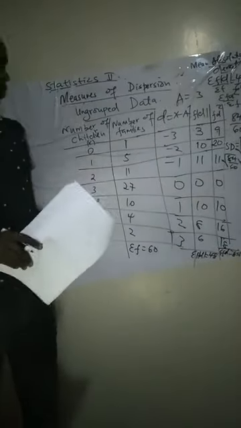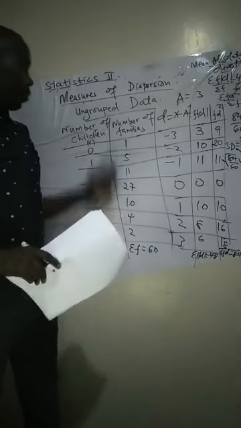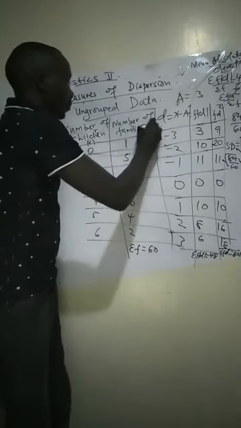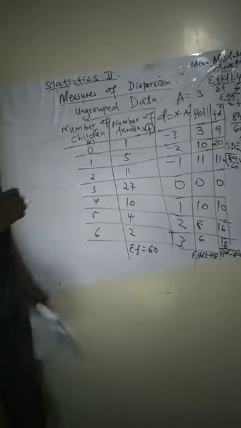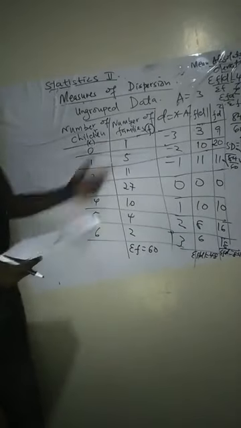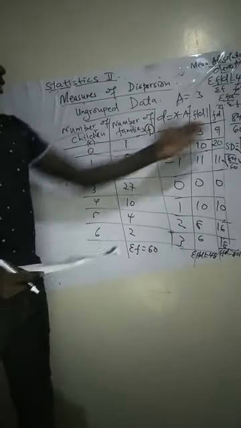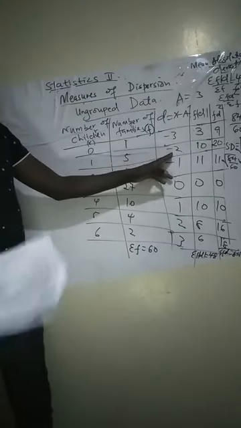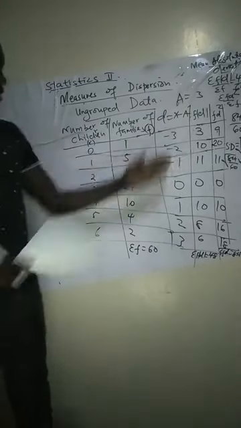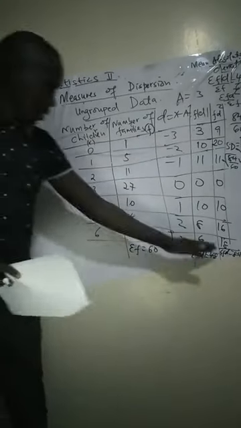Negative 3 squared, you get positive 9. Now multiply by 1, the frequency f. The number of families is the frequency. So 9 times 1 is 9. Negative 2 squared, you get 4. 4 times 5, 20, etc. Then get the summation of fd squared to get 84.